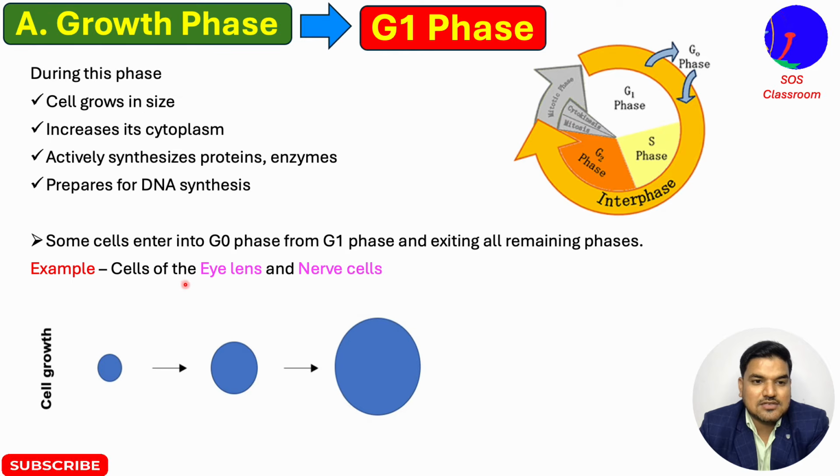For example, cells of the islets and nerve cells. These cells cannot divide and remain constant in the body. So this is the G1 phase: continued growth of the cells, the cytoplasm, and the different types of proteins and enzymes, and preparation for the next stage.